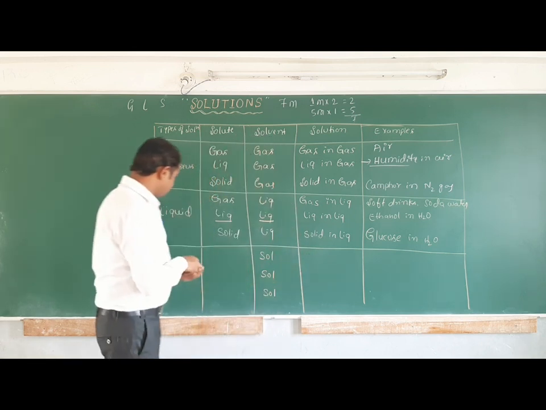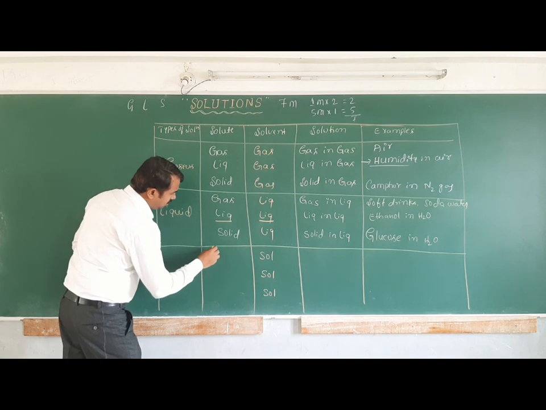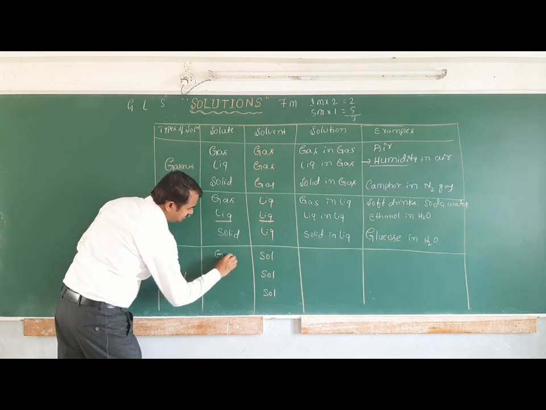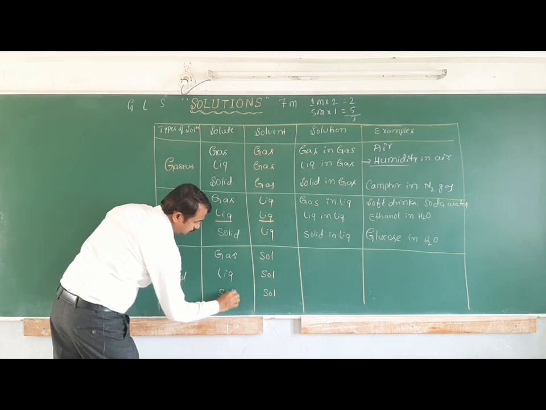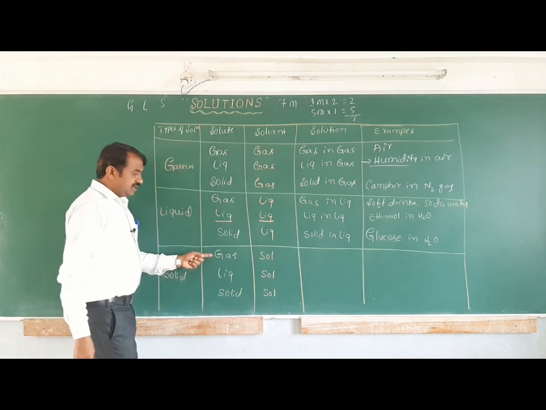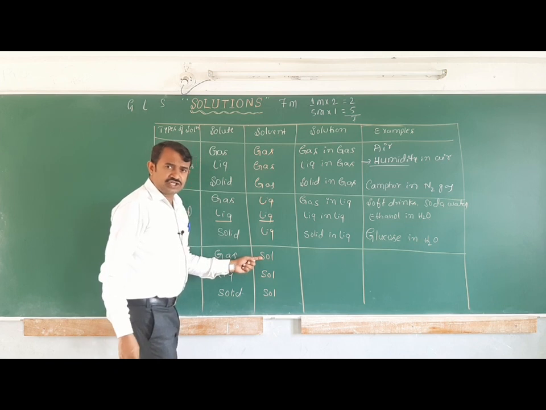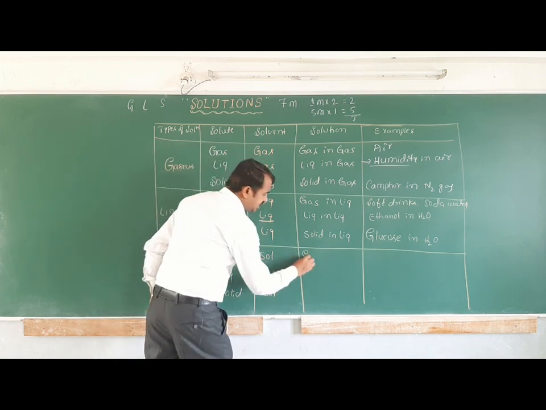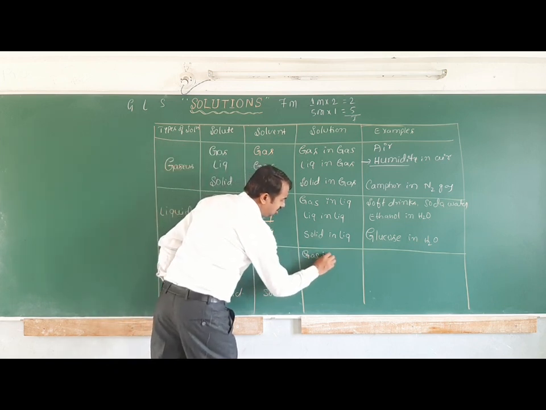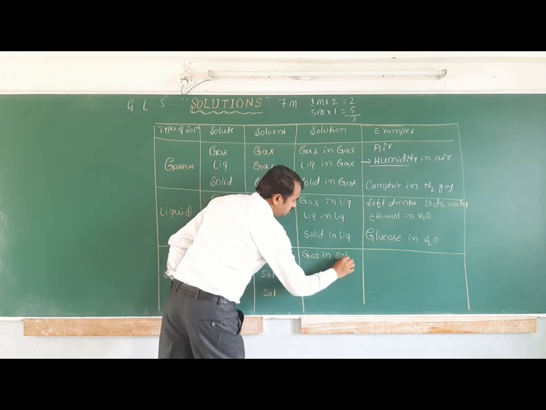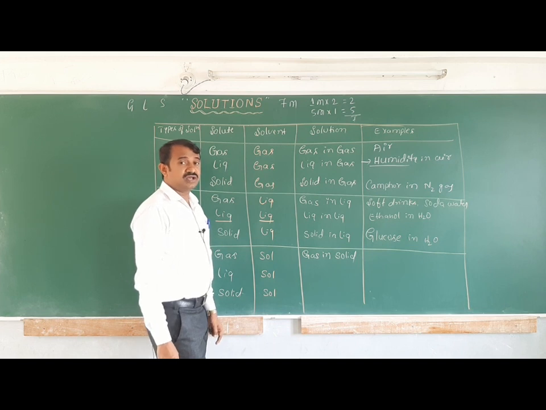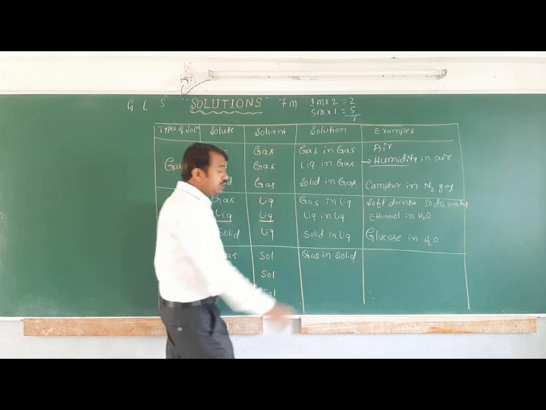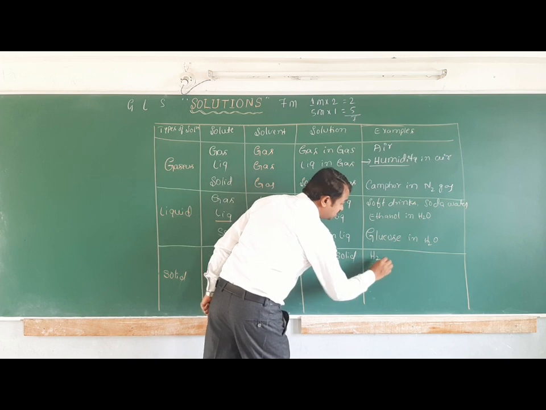Coming to the solid solution, we write gas, liquid and solid. Gas is dissolved in solid. You can observe gas dissolved in solid in the reduction of alkene. We are using a gas, which gas?